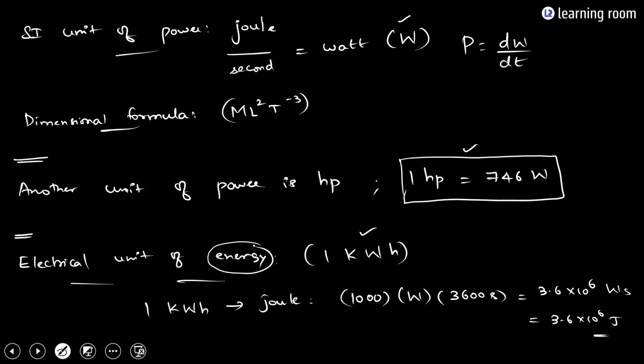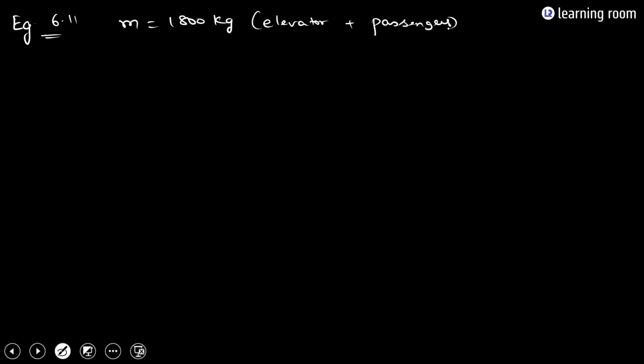So based on this, we will do an example problem. Let's do example 6.11, the 11th example. An elevator can carry a maximum load of 1800 kilogram, which is basically elevator plus passengers.